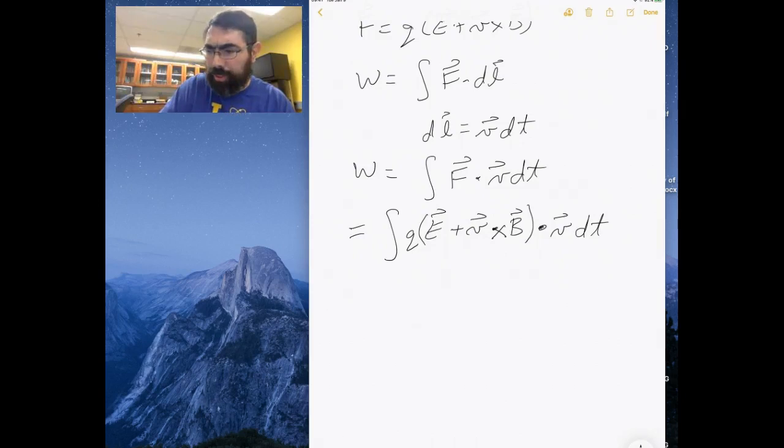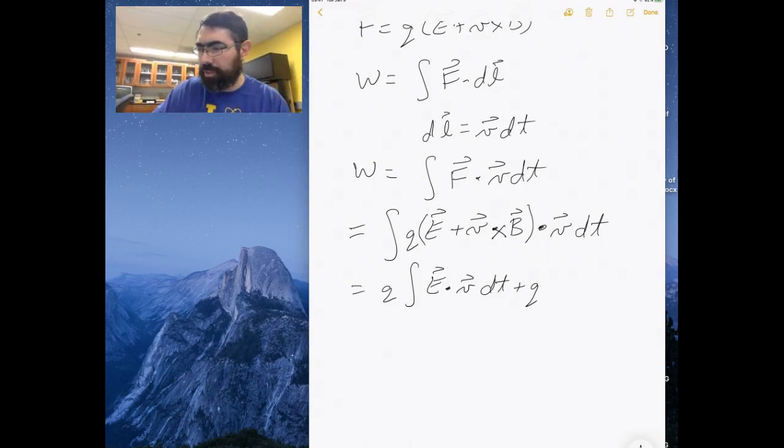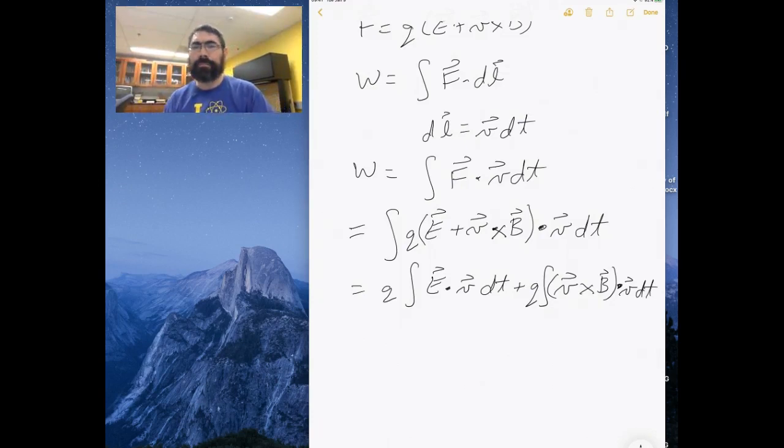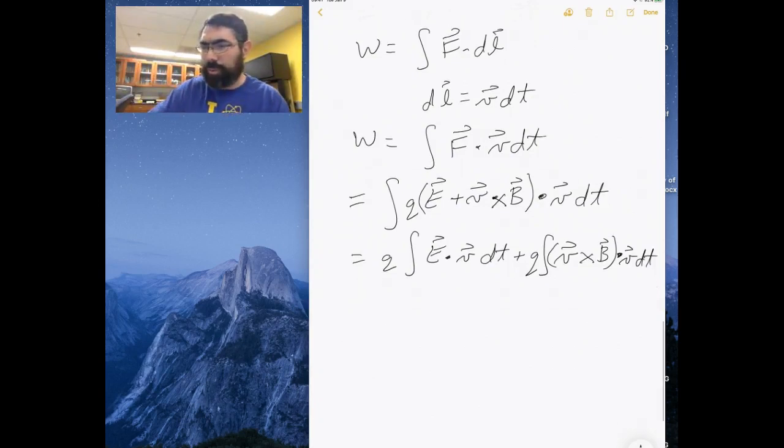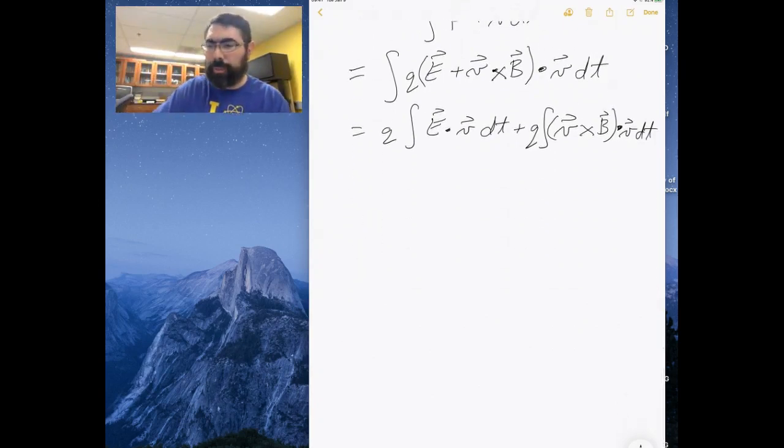Which essentially gives me two integrals. An integral of the electric field dotted into the velocity, plus q times the quantity v cross B dotted into the velocity, integrating over time. Okay, so let's take a look at this. Let's take a look at the second integral. So I can rewrite the dot product because it's commutative.